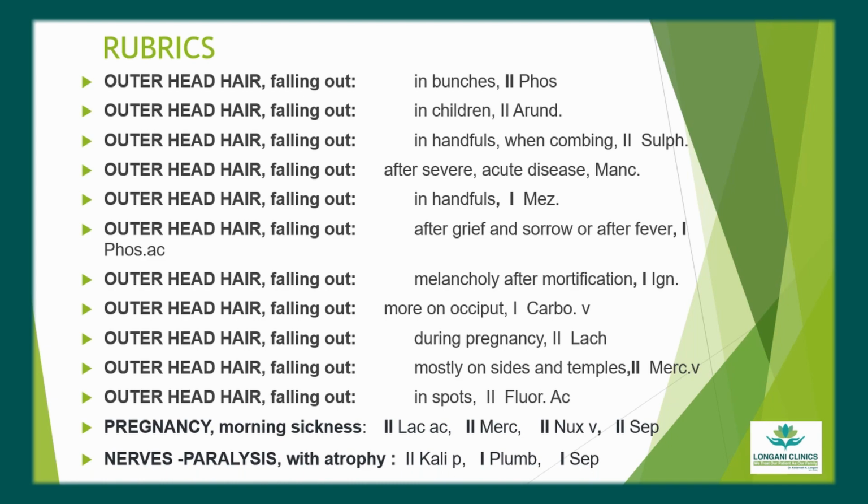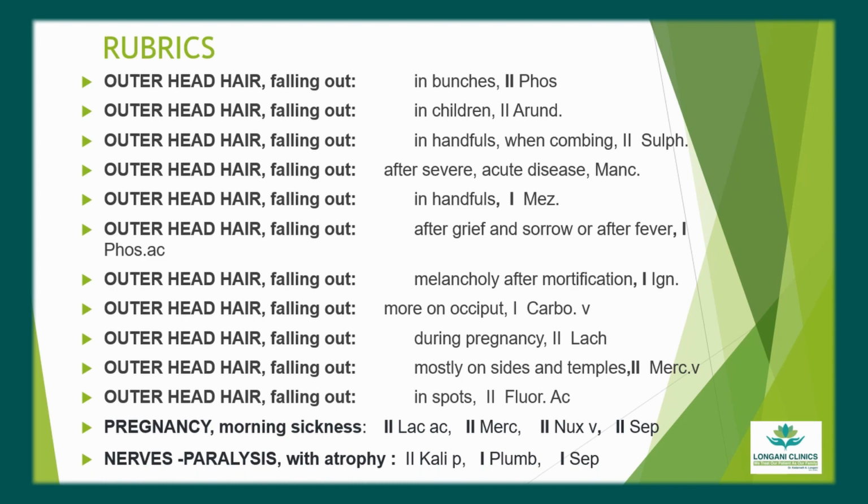Hair falling out in handfuls, mezereum. Hair falling out after grief and sorrow or after fever. The drug mentioned is phosphoric acid. Hair falling out, melancholy after mortification. The drug mentioned is ignatia.